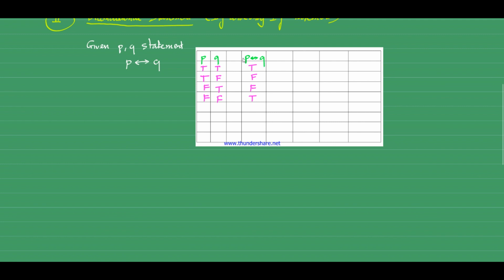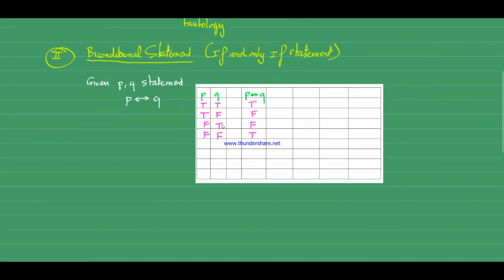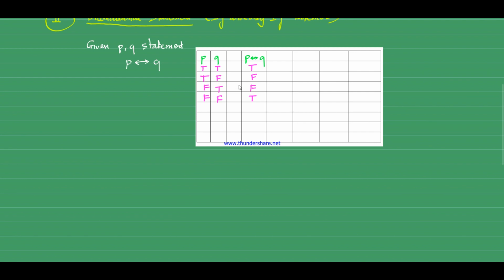This is not the equivalent symbol, but if you think of it that way, it's just a trick for you to memorize. We have examples for the previous statements, but for this one we don't. So just treat this as equivalent, then you can get true and false for this column easily.